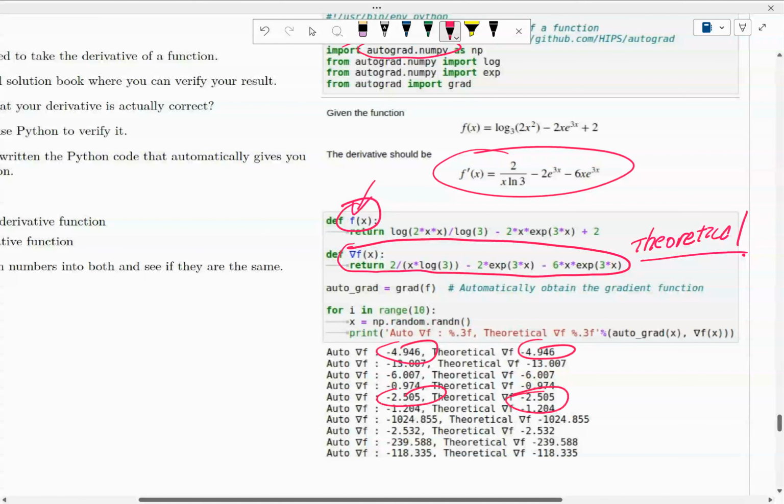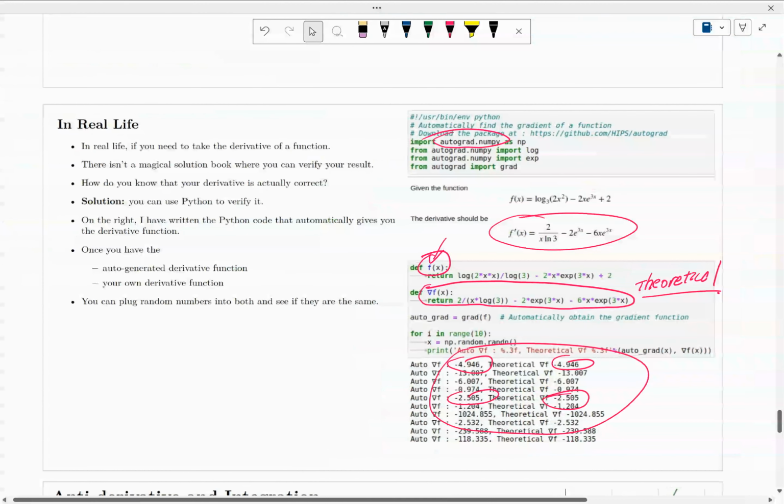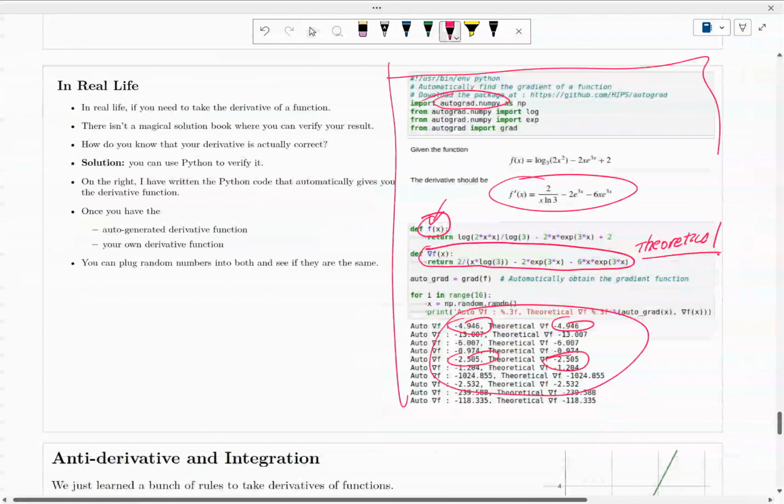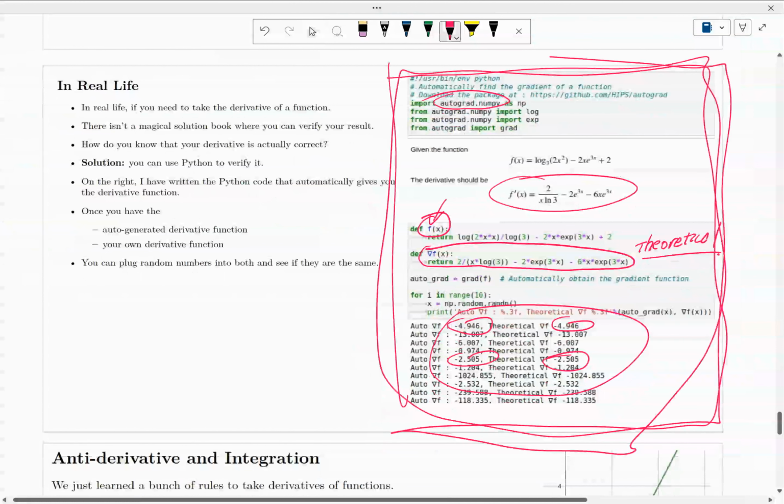When you generate a bunch of random ones, they should all be roughly the same. This will verify that you know how to take the derivative, you got the right answer, and programmatically it concurs with what you calculated. Okay, so this is in real life. Make sure you go over this. This is very, very useful.